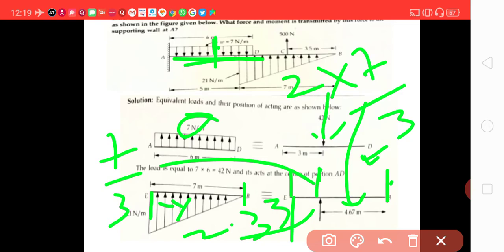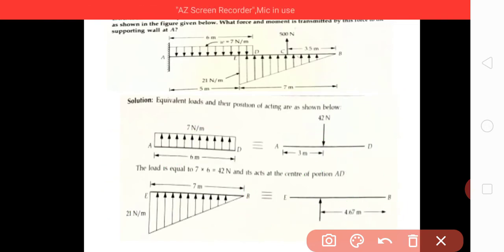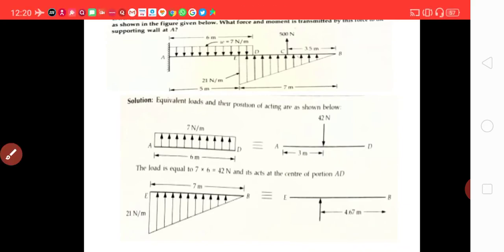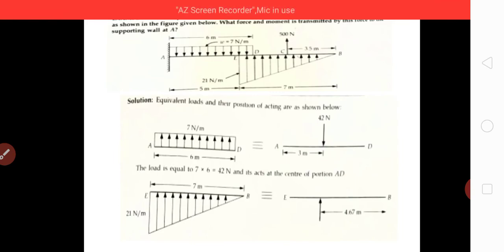Total will be 7 up to here. Now the total load is 21 into 7 by 2. Now what we have done, we have converted this UDL into a point load here.